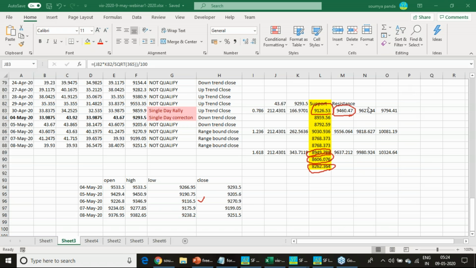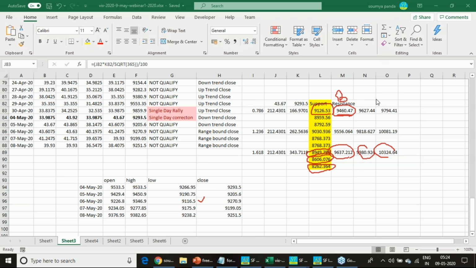For the buying side, if it is crossing 9460, maintaining above that for half an hour to 45 minutes post this single day correction, then you can think of buying Nifty along with a put option also, and your aim should be first 9637, or second cycle 9980, third cycle 10324.